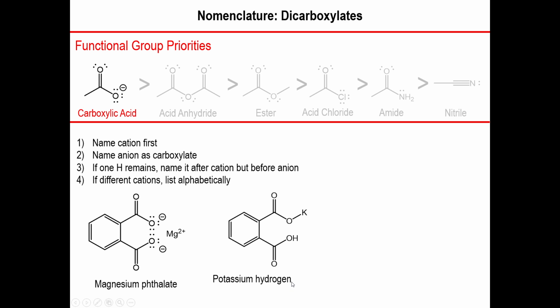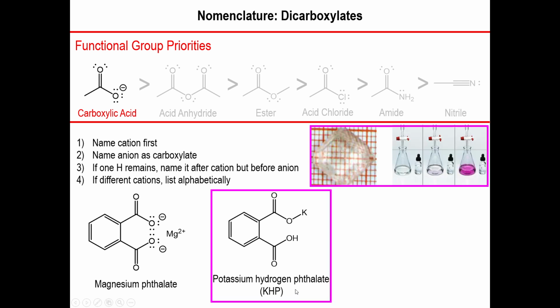So potassium hydrogen phthalate. And if the name rings a bell, it's probably not a coincidence, because this is also known as KHP. K for potassium, H for hydrogen, P for phthalate. This is literally the go-to color indicator that we use for acid-base reactions, and that we use very commonly for titrations.